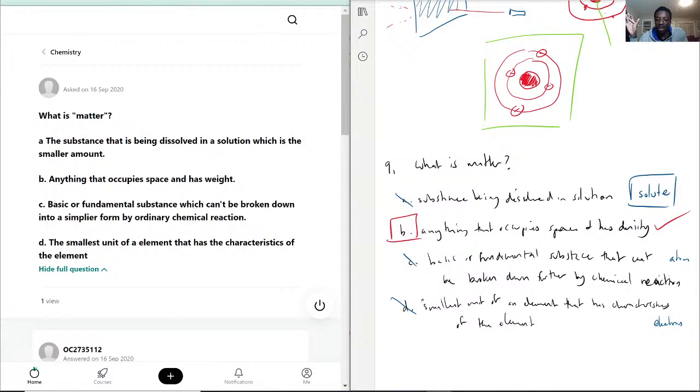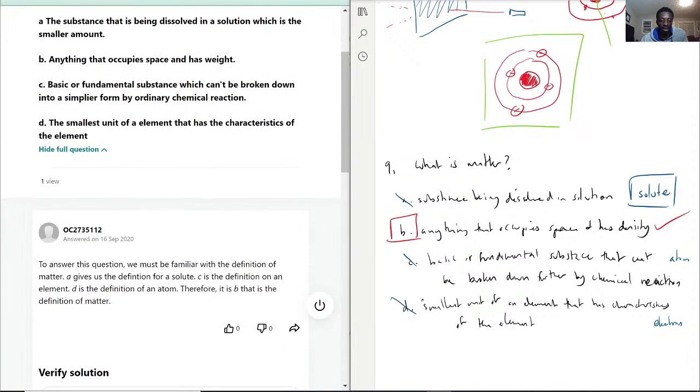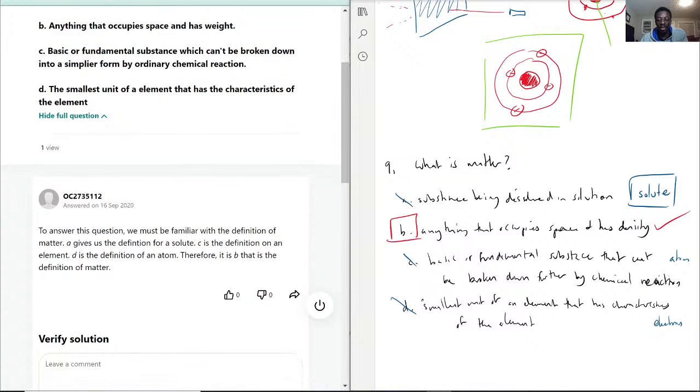And so things like this pen, me, my tablet, we take up space, we have density. These are all things involved in matter. So, as I said, A is a definition of a solute, the definition of an element is going to be C, and D is the definition of an atom.